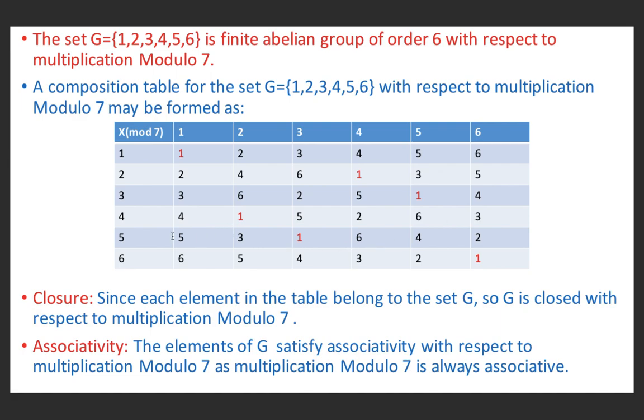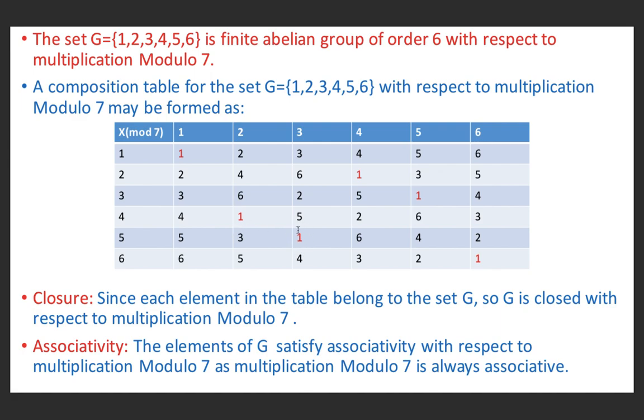To write the elements of the fifth row, we will multiply each element of the top border row by 5 and then divide the resulting number by 7 and write down the remainders in the fifth row. 5 into 1 is 5. 5 into 2 is 10. When we divide 10 by 7, the remainder is 3. 5 3s are 15.